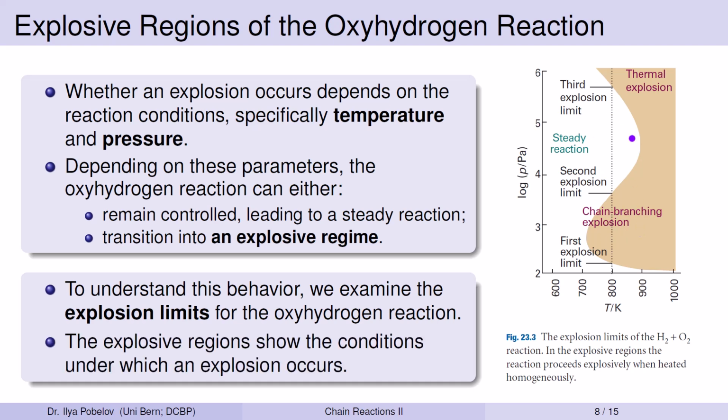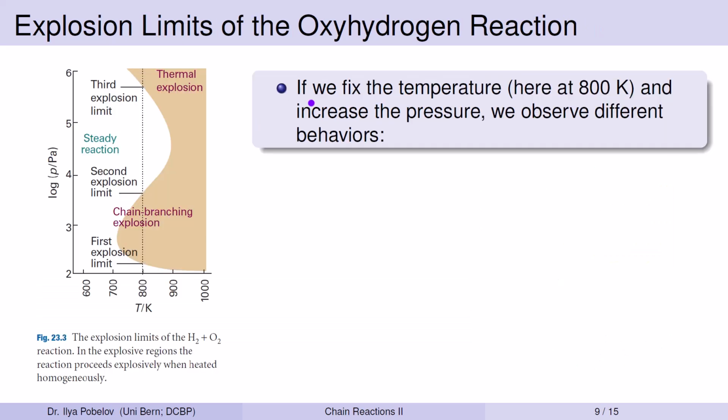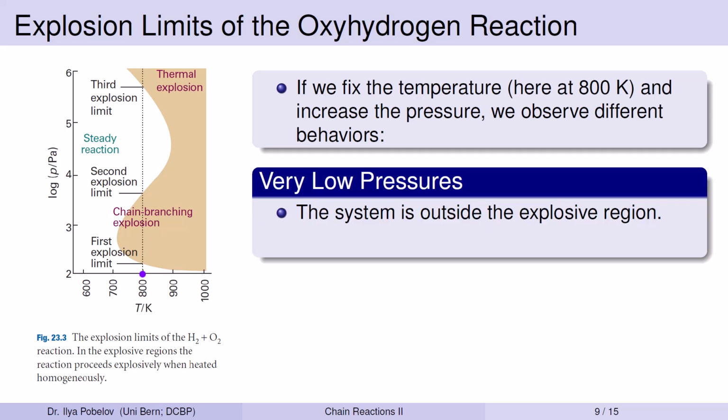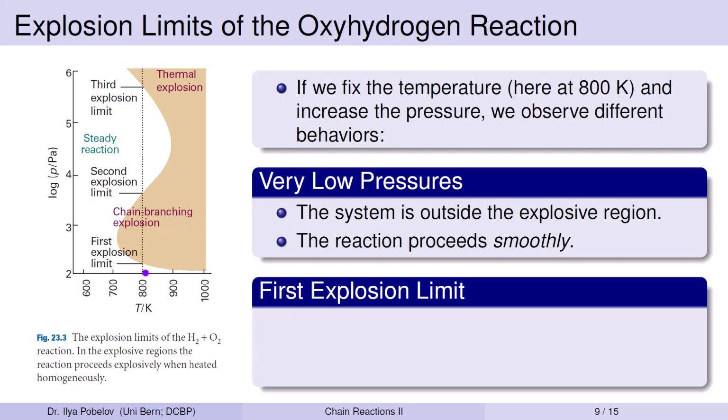Here, the explosive regions show the conditions under which an explosion occurs. If we fix the temperature here at 800 Kelvin and increase the pressure, we observe different behaviors. At very low pressures, the system is outside the explosive region. The reaction proceeds smoothly without an explosion. As pressure increases, the first explosion limit is reached.